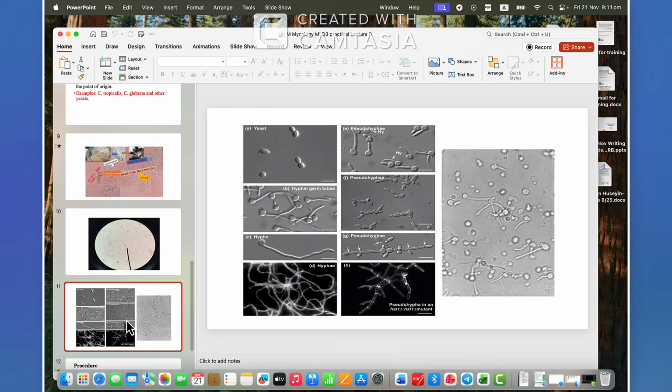Of course, it's Candida albicans and Candida dubliniensis. As I said, you know that it makes pseudohyphae, starting from germ tube, and then finally you will find they form pseudohyphae.